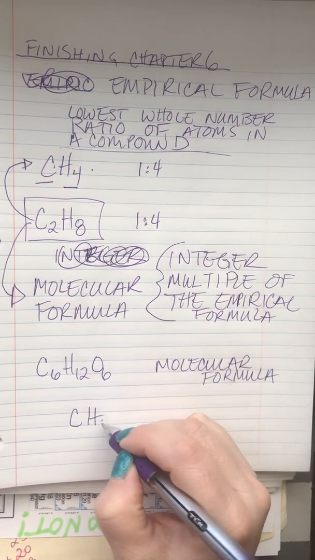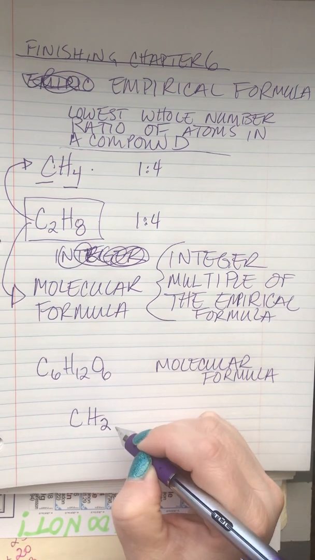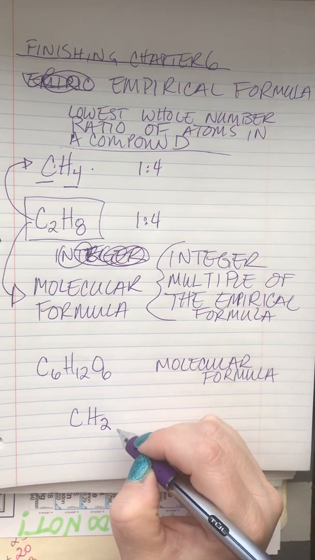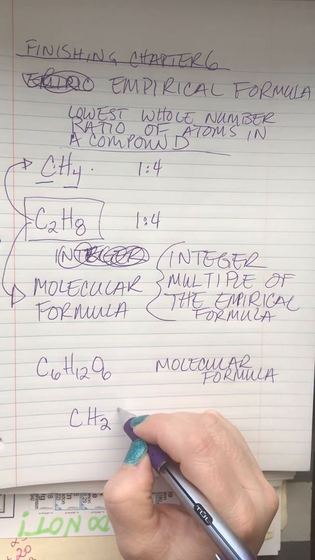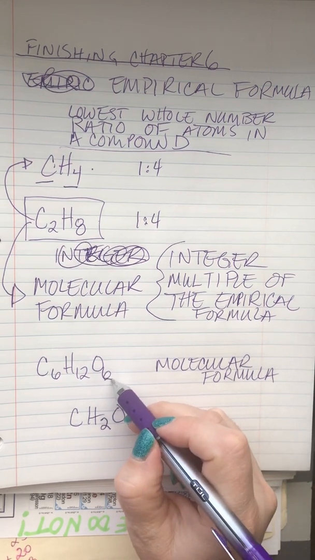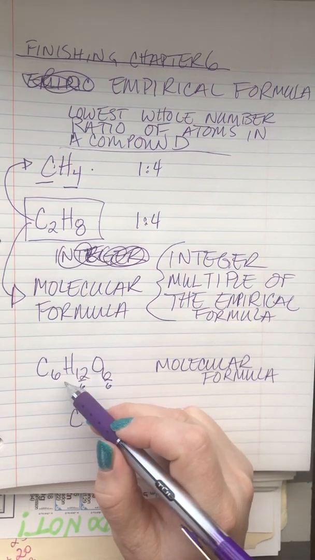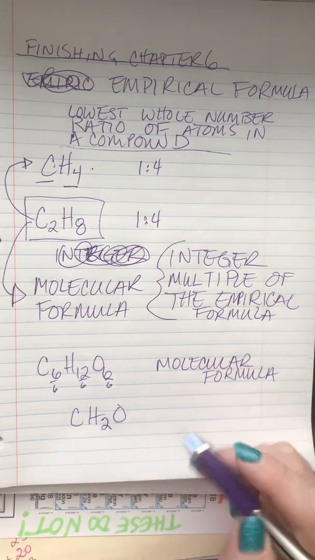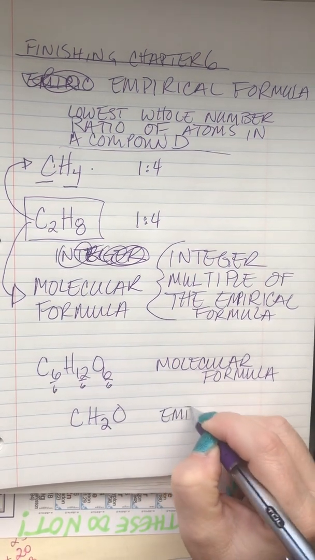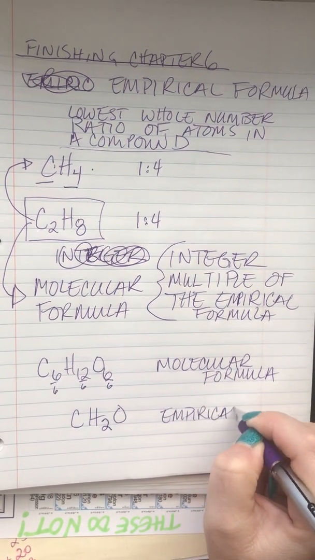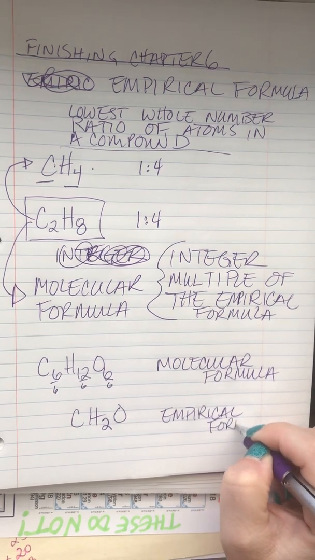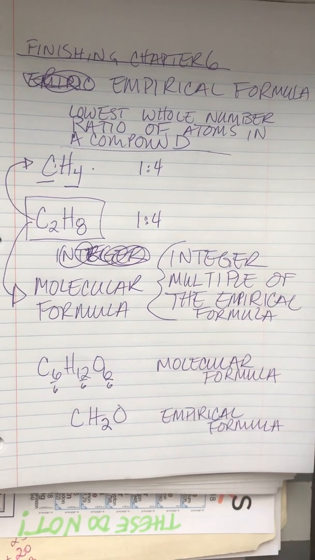Oh, wait. Divide by 6. So you can divide each one of these by 6, and that gives you the empirical formula. Does that make sense, guys? Cool.